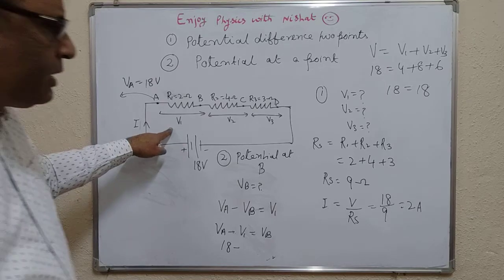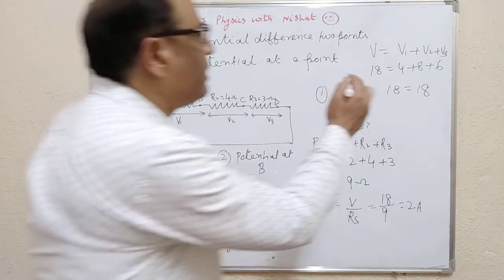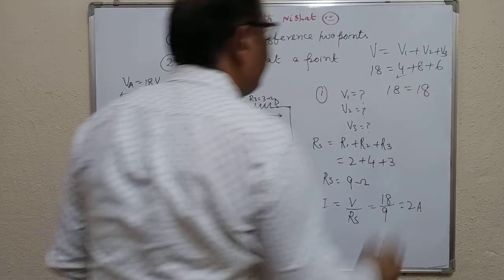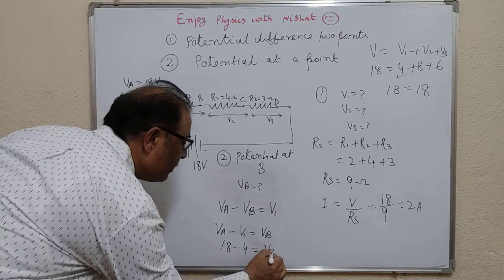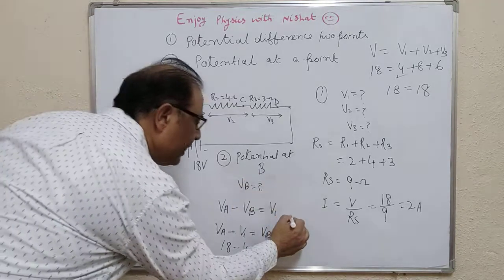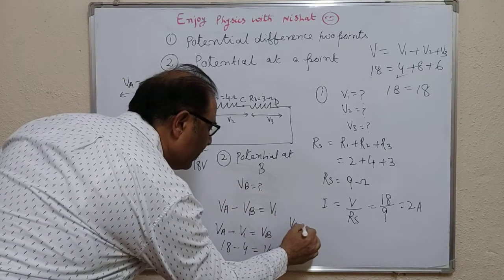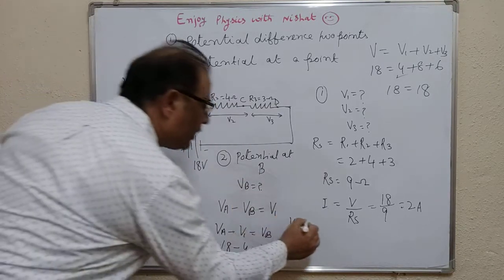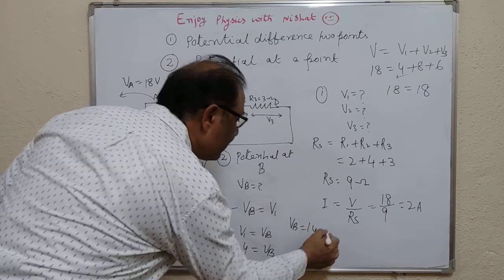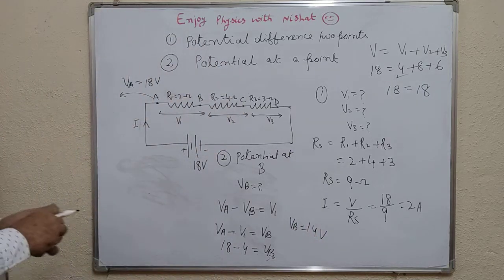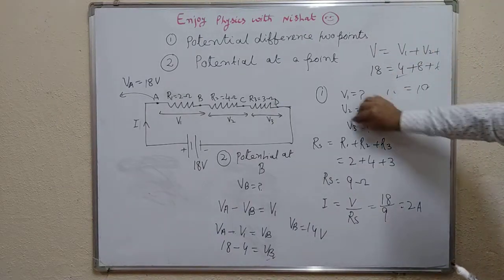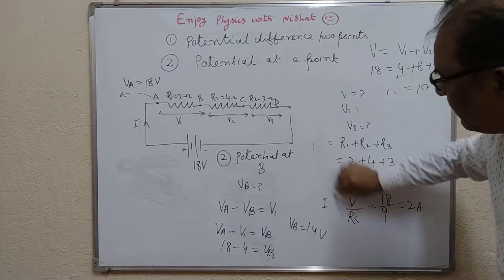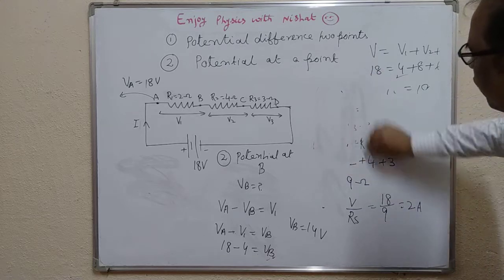Here drop is 4 volt. 4 volt drop. So 18 minus 4 is equal to VB. So VB equals 14 volt. It means at the point B, potential is 14 volt.